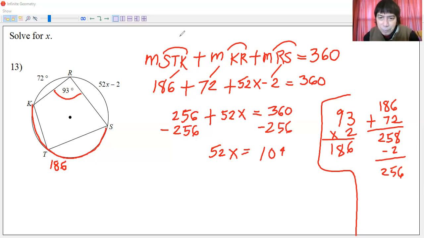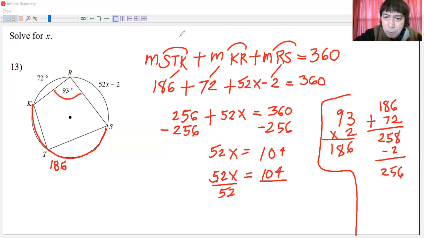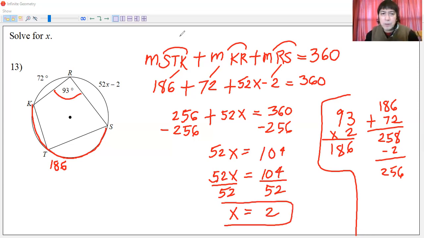All right, so division now. 52x is equal to 104. Divide both sides by the 52. X is just a positive 2 there. And that's our x.